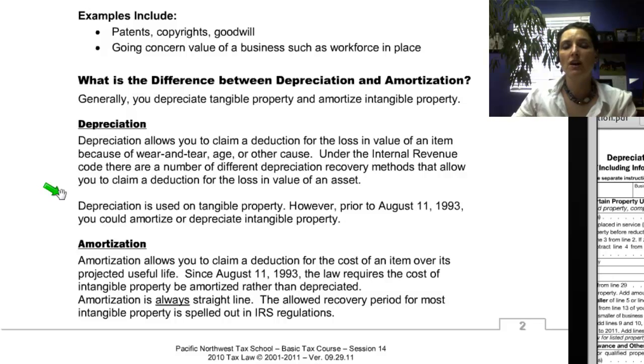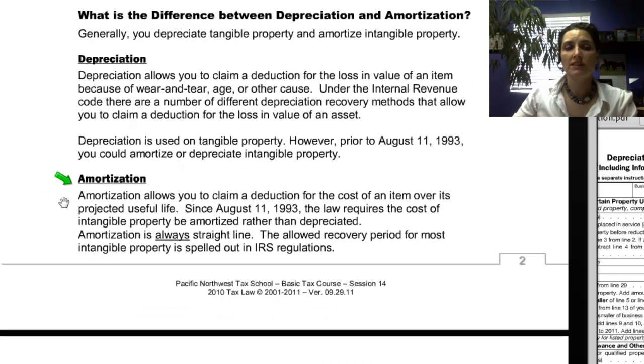Depreciation is used on tangible property. However, prior to August 11, 1993, you could also amortize or depreciate intangible property. Amortization, by comparison, allows you to claim a deduction for the cost of an item over its projected useful life. Now, since August 11 of 1993, the law requires the cost of intangible property be amortized rather than depreciated. And amortization is always straight line. The allowed recovery period for most intangible property is spelled out in the IRS regulations.